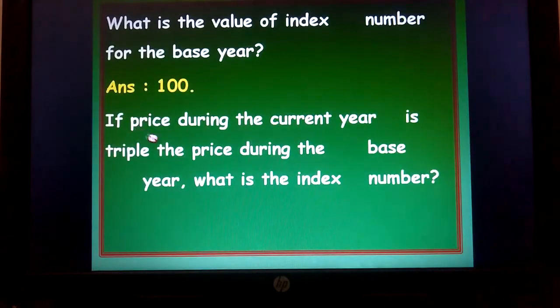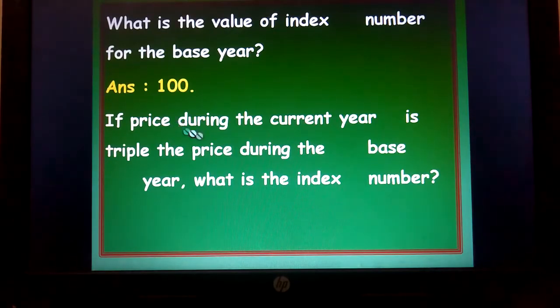If the price during the current year is triple the price during the base year, what is the index number? When it is asked what is the index number, it means the index number in the current year as compared to the base year.